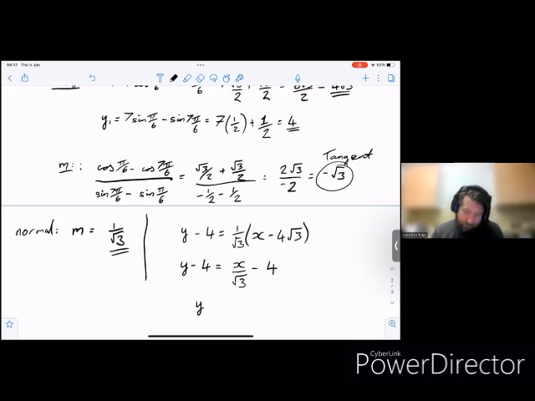So those 3's cancel out. And then x over root 3, let's write that in surd form. So multiply the top and bottom by root 3. We get root 3x over 3. And that's it. So that's all.